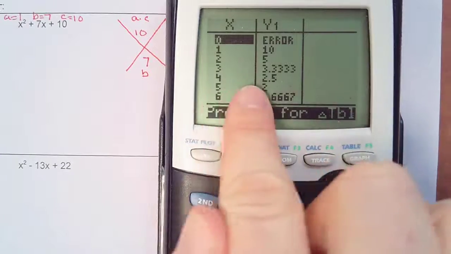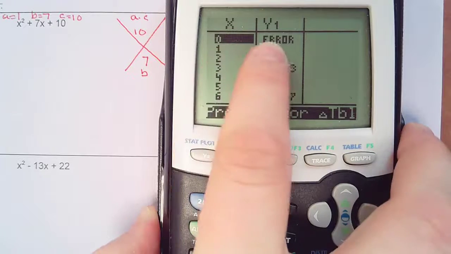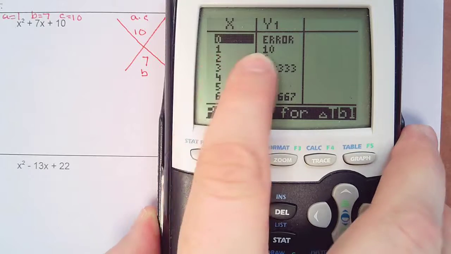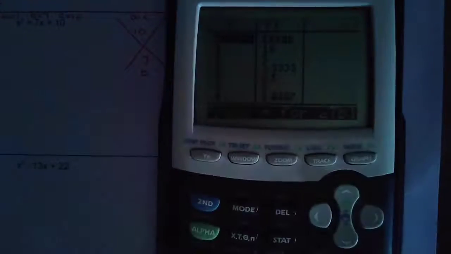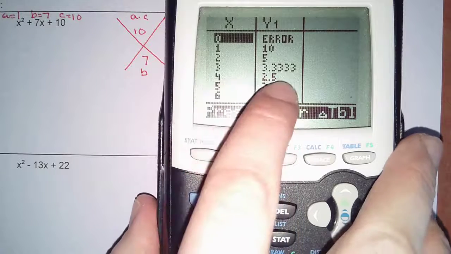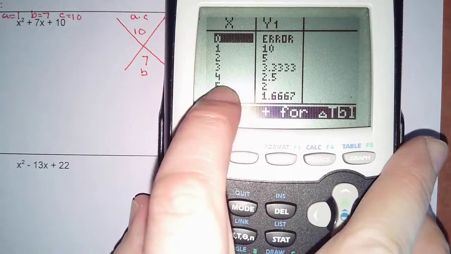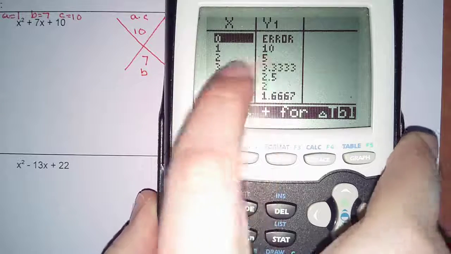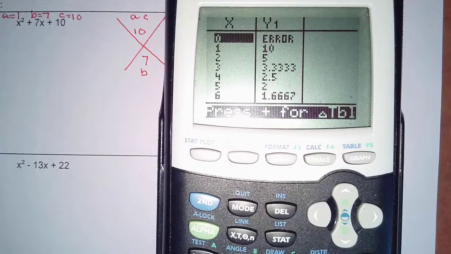Now this is showing me my factors. 0 is going to say error. I want the ones that are whole numbers. So 1 times 10 is 10. 2 times 5 is 10. 3 times this decimal, so I throw that out. 5 times 2, well, I already have 2 times 5. So really my factors are 1 times 10 and 2 times 5. Which one of those adds to 7?